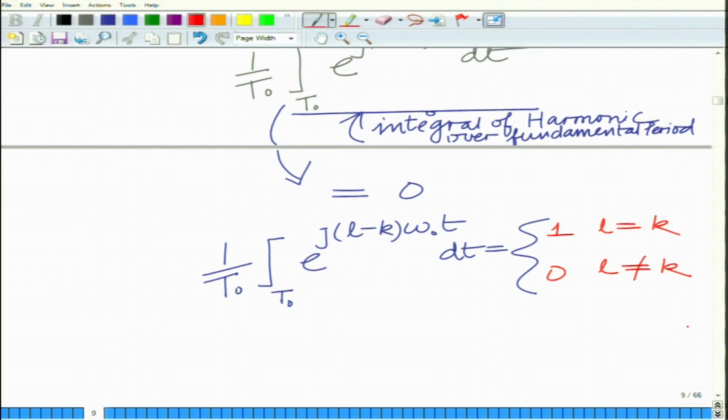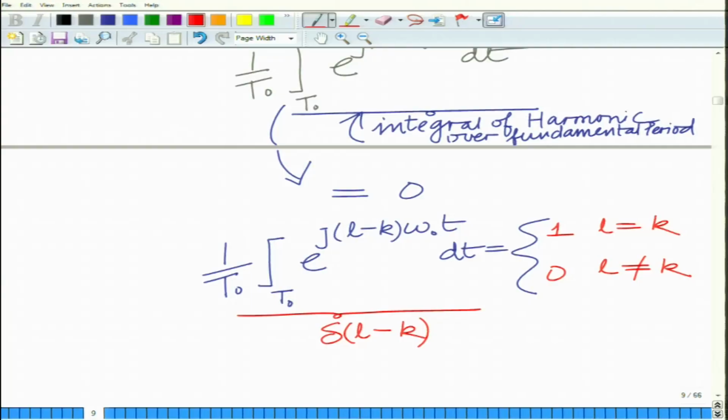You can also say that this quantity is basically nothing but delta L minus k, the discrete delta function: equal to 1 if L equal to k, and equal to 0 if L is not equal to k.